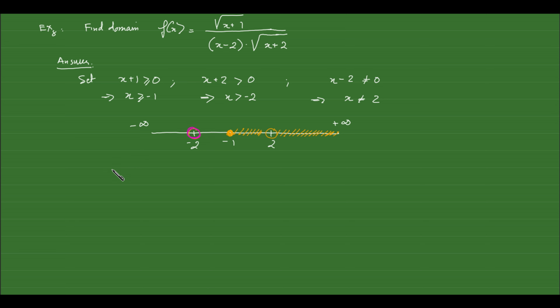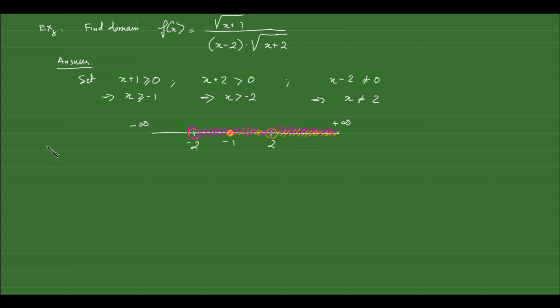So an open circle, and we set everything because it's greater than -2. We set everything here, overlapping the orange.